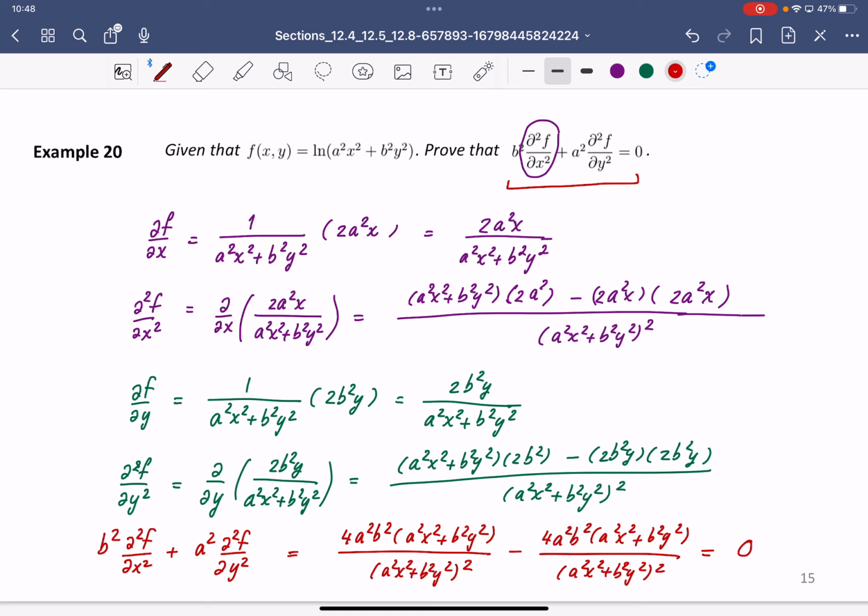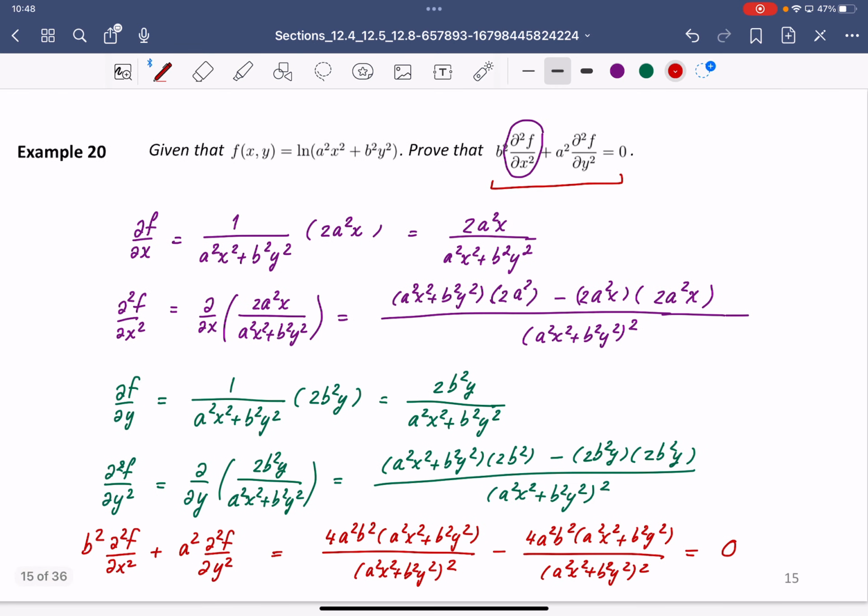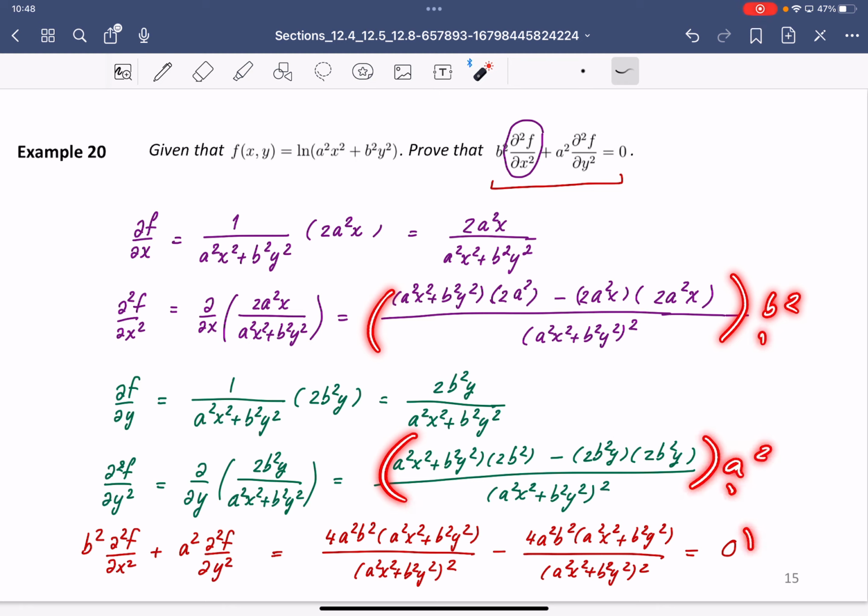Now we're gonna continue the next topic, which is the chain rule. So can you go back to that slide? Please. Well, it requires a lot of calculation here when you multiply it with b square, and then when you multiply it with a square, and then you add them up, so you get 0 here.